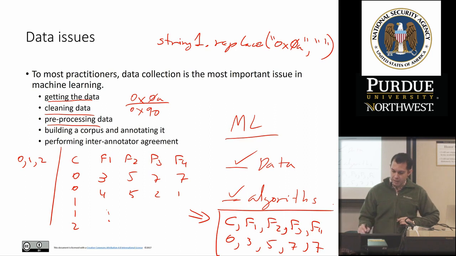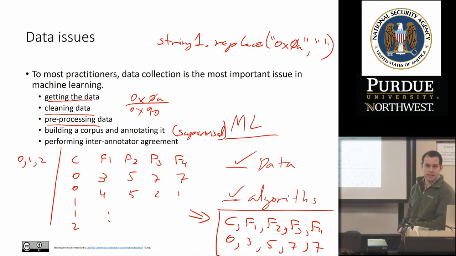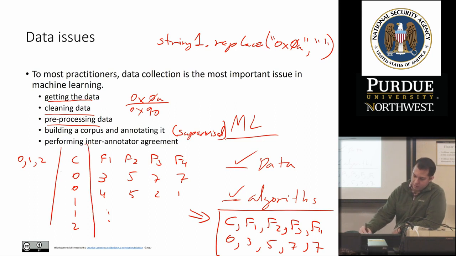Then after that, another issue might be, especially when you're using something called supervised learning. Supervised means that we have annotated data, right? Like this one, this is supervised. This data set has the feature vectors and the classes.